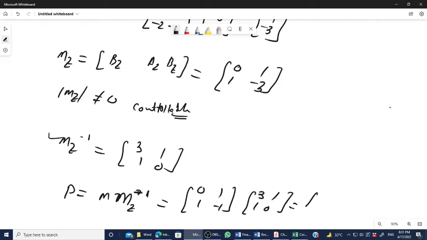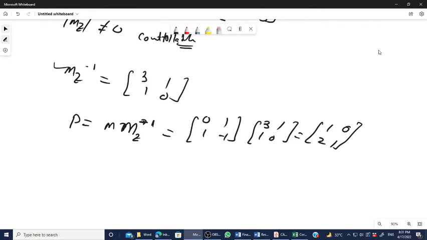Based on this you can find P as [1 0; 2 1]. Now what is the P inverse? Because you ultimately have to find out Kz. K equals Kz P inverse, so you need P inverse. You can find P inverse with the help of this equation. So this one is the P inverse, [1 0; -2 1].